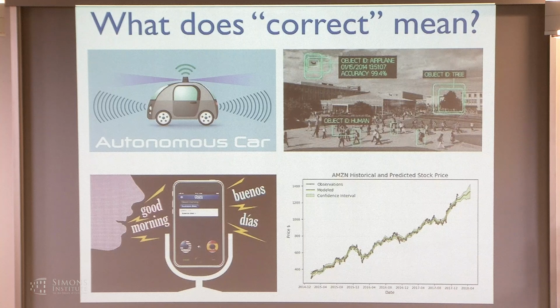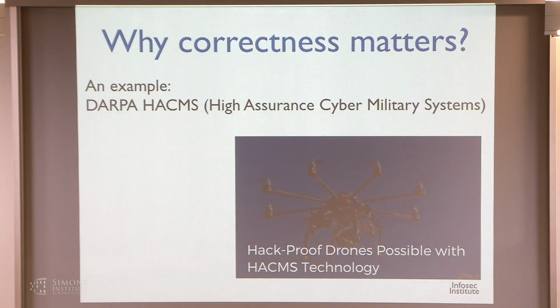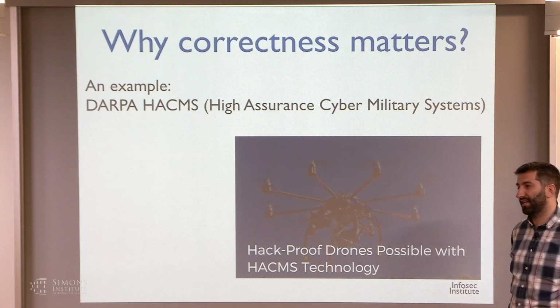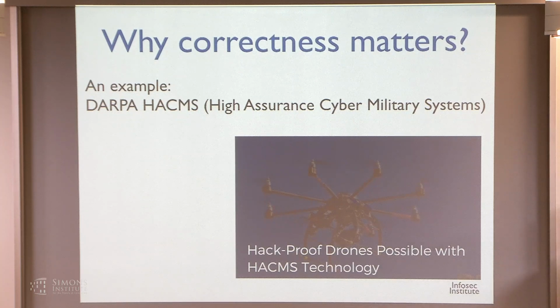Now, last slide to try to convince you why correctness is important. I want to mention one project that was, I think, quite successful in showing the usefulness of formal methods. So DARPA had a challenge for trying to protect a drone from hacking.